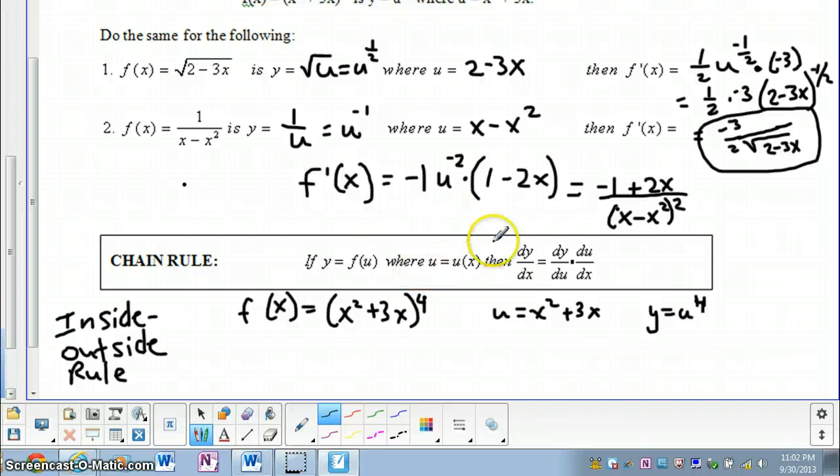So when we derive it using this formula, we will take the derivative with respect to u. So the derivative with respect to x would be equal to the derivative of y with respect to u. So first here we have u to the 4th, and to derive that would be 4u to the 3rd power. And then we take the derivative of u with respect to x. So our derivative here would be 2x plus 3.